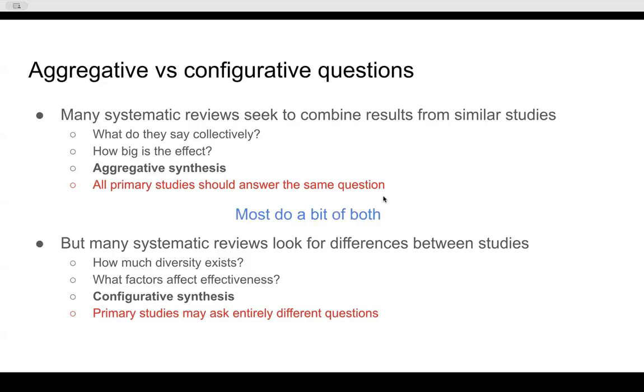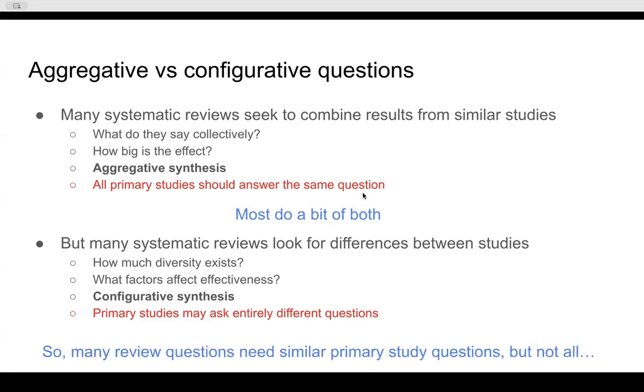In practice, most systematic reviews do a bit of both. So a meta-analysis that includes a covariate to see how age affects effectiveness, that is slightly configurative. So although in practice you might be combining studies that all broadly answer the same question, there might still be some diversity there.